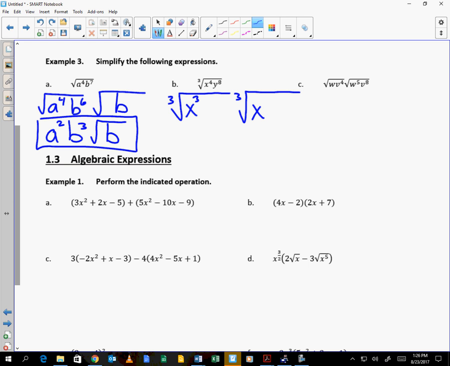Is y to the sixth? Yes. And the key is if the exponent is divisible by the index, then it works out. Right? So the cubed root of x cubed is x. The cubed root of y to the sixth is y squared times the cubed root of xy squared.